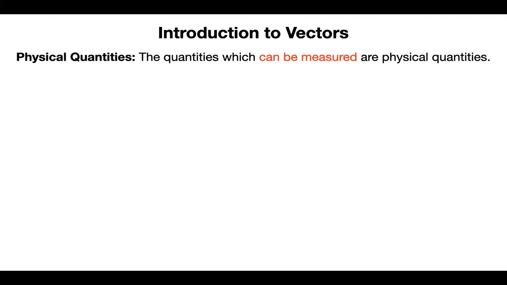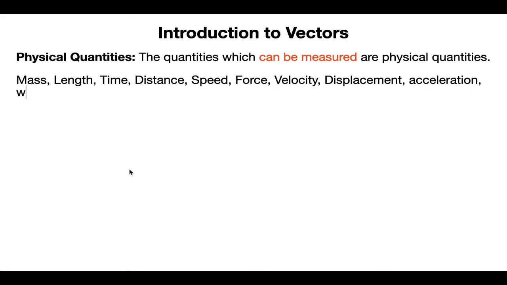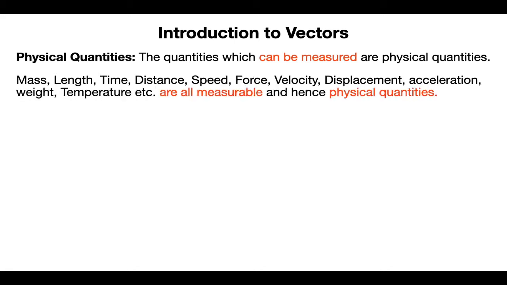Physics essentially is a science of measurements. The quantities which can be measured are called physical quantities. There's a very long list of physical quantities which we talk about in physics.